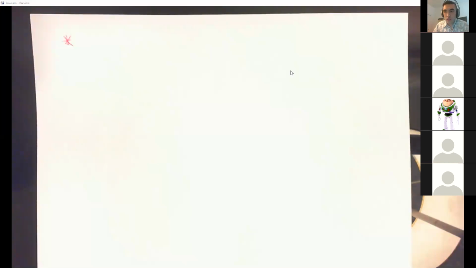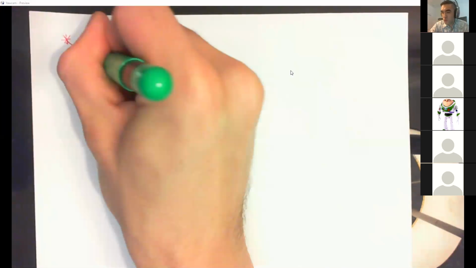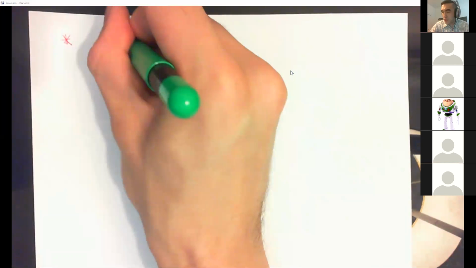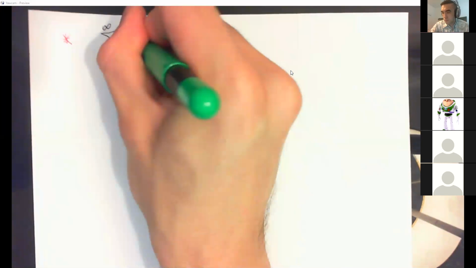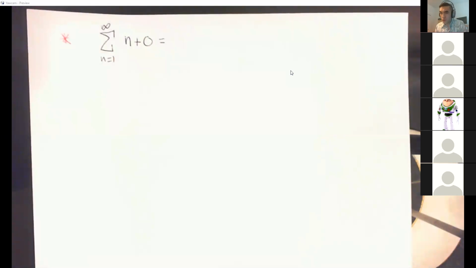In the case of the particular arithmetic sum, the infinite sum from n equals 1 all the way up to infinity of the sequence generated by n plus 0, just to make sure we're all clear here, what is the first digit? 1.